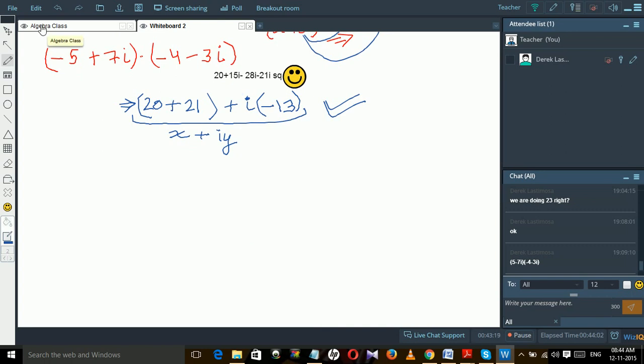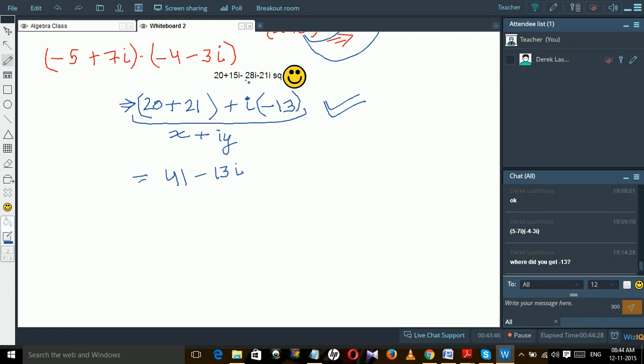I am looking that we have slightly changed the question, it was plus 5 minus 7 iota. Okay, you have more practice problems for you as well. This is like 41 minus 13 iota.